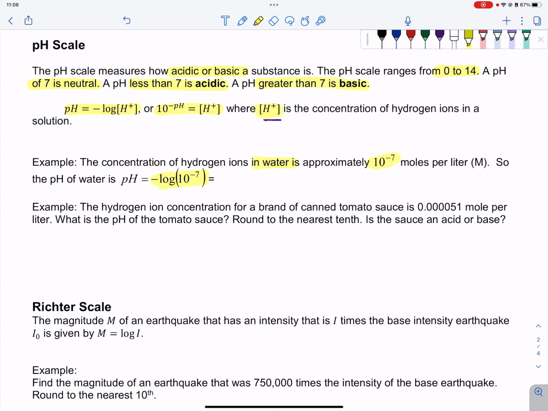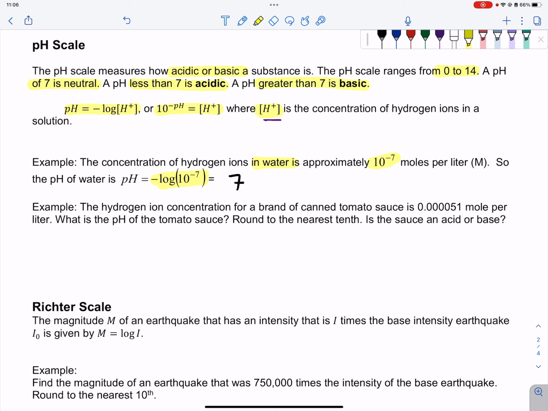We can input negative log and then parentheses 10 to the negative 7th. And that should then give you that this is equal to 7. So that means our pH of water is 7. If you've taken a chemistry course, that should make sense. If you remember that water is what we consider neutral as long as it's pure water and doesn't have anything else in it.